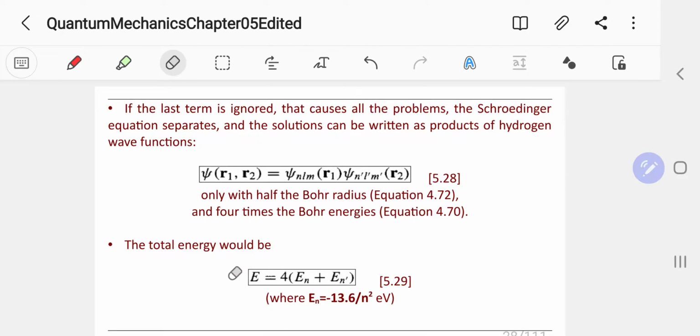The energy of the 2 electrons now, if you sum up, the energy would be this one here, and En, since they're both in the n equals 1, or say just state n, so you have negative 13.6 for this one, and also for this one, negative 13.6 n prime square.